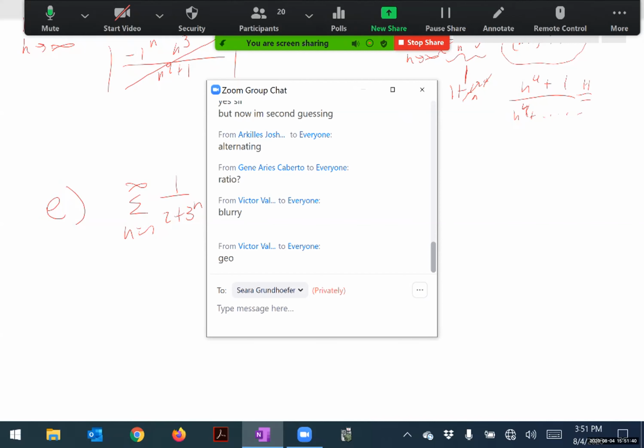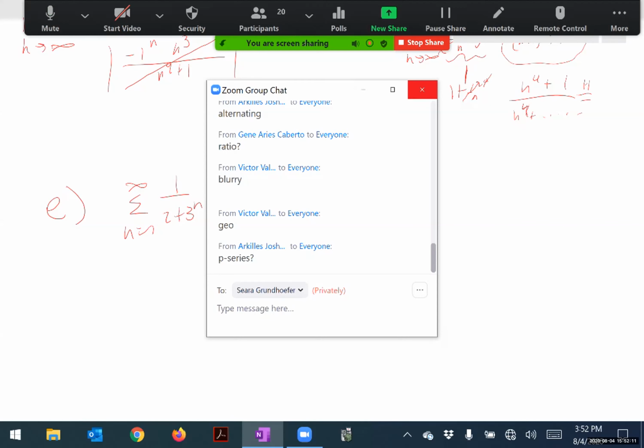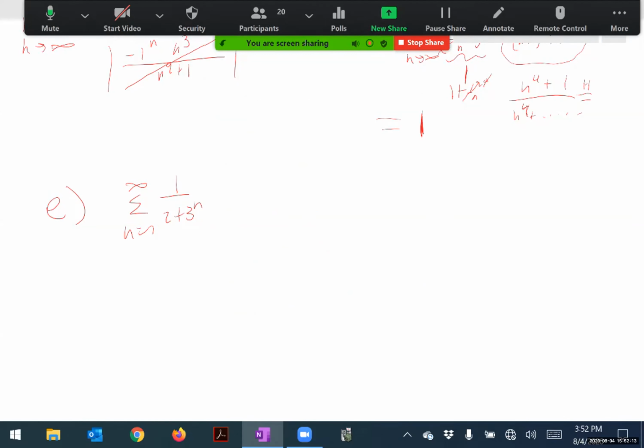Okay, geometric. Well, sort of, except that it's not quite geometric, because we are adding that 2. It looks geometric except for the 2 on the bottom. So that's kind of a problem. But we could think of it in terms of a geometric. It's not a p-series because n would have to be on the bottom.